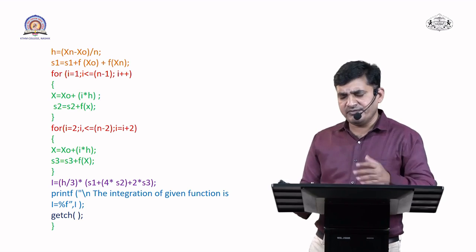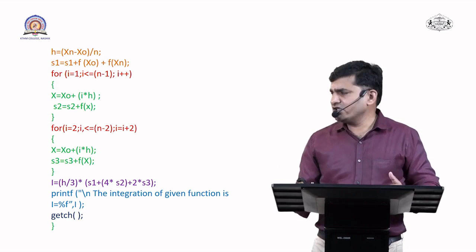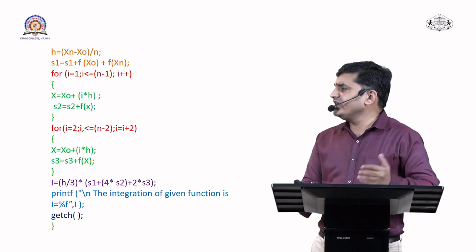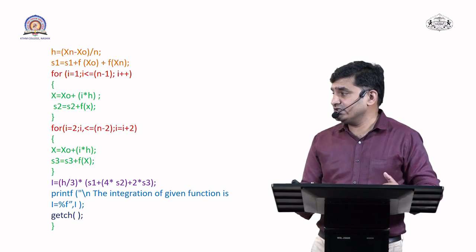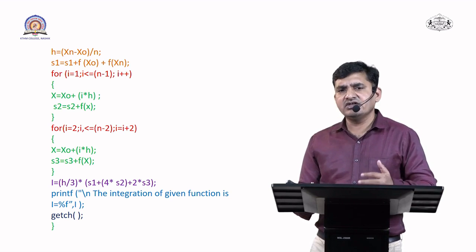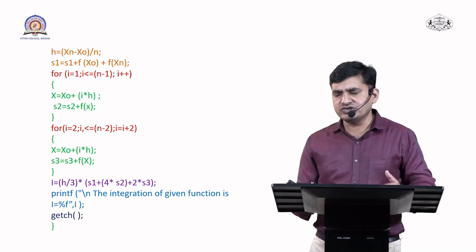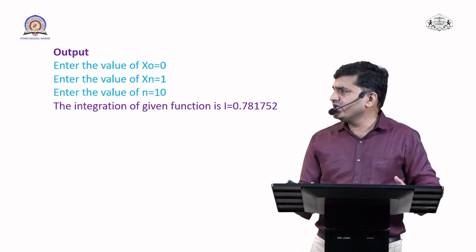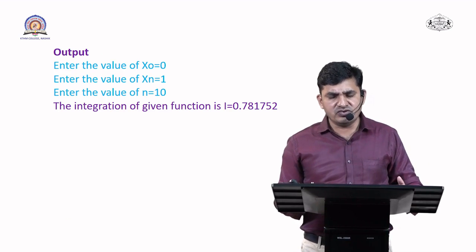Now we have to display the integration on the screen by using the output function, that is, printf. The integration of the given function is I is equal to percent f, and the program is closed with the closing curly bracket. The output of this program: enter the value of x0.